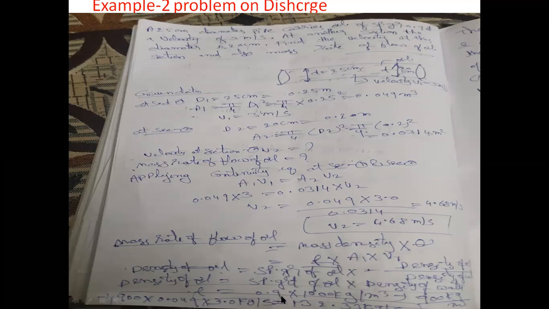So the mass rate of flow of oil is 900 into 0.049 into 3.0, in kg per second.